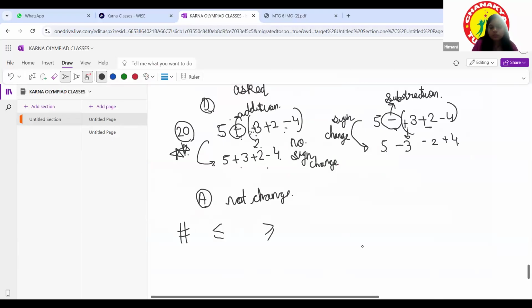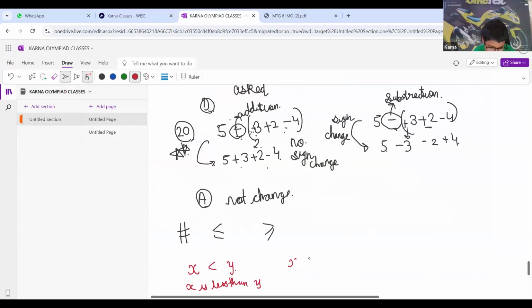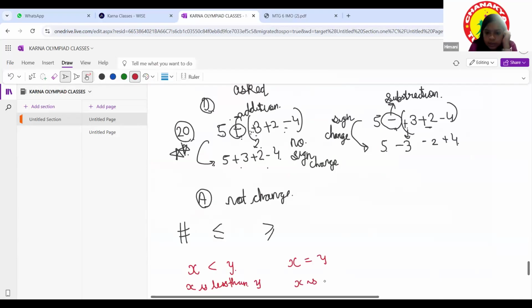See, if you tell me that x is less than y, this means that x is less than y. This you know, right? Yes, ma'am. And this means x is equal to y. But if you do this way, this means x is less than or equal to y, either of the two. Okay, yes, ma'am.